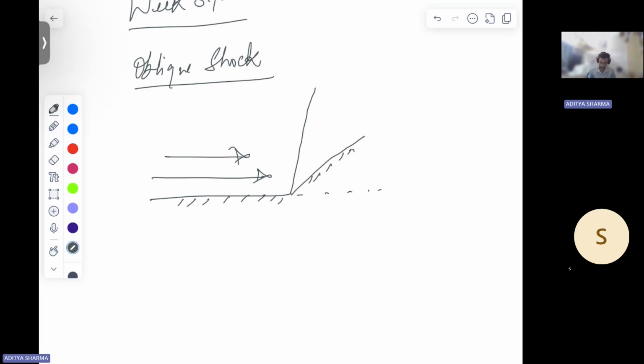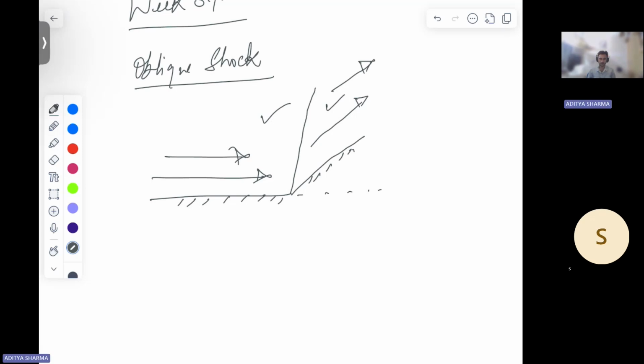So your flow direction will be like this. And then property changes will also be there across this oblique shock. So this was basically oblique shock waves, and then there are relations related to oblique shock waves. So this has been revised.